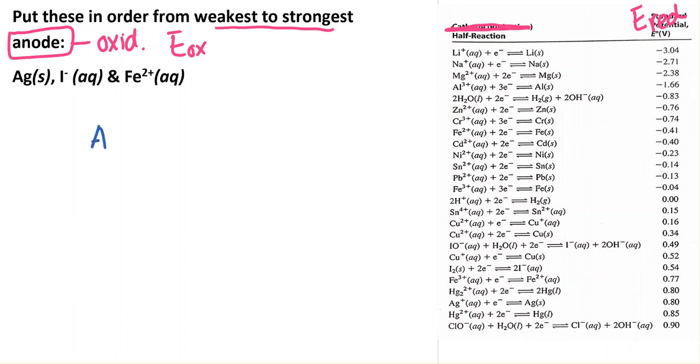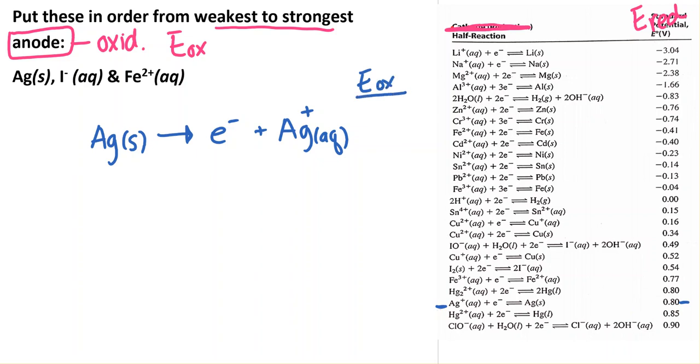Let's just start with silver. If it's being oxidized, that means it's giving up electrons. And if it's giving up an electron, I'm going to have it giving up one, just because I know that silver forms a +1 ion. But if you didn't, you would just look over here and find silver right there and see that its reduction potential is 0.8, but its oxidation potential, we have to change the sign because we want the opposite reaction.